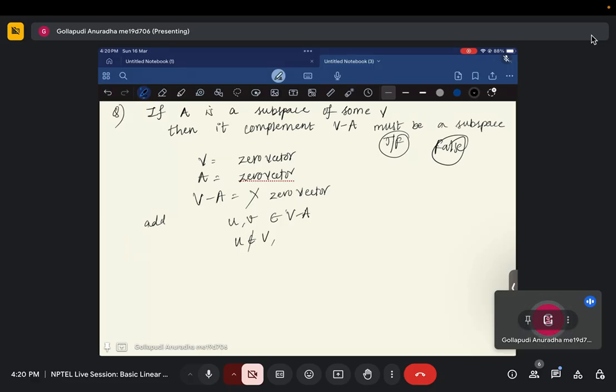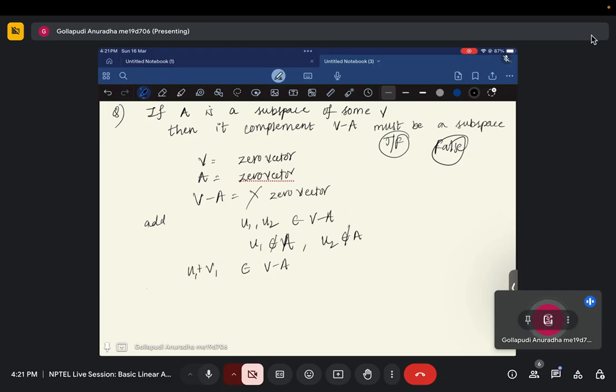So let me say it in this way. u1 and u2 are two vectors in V minus A, then u1 does not belong to A, and u2 also does not belong to A. So there's no guarantee that their sum must be in V minus A or not.